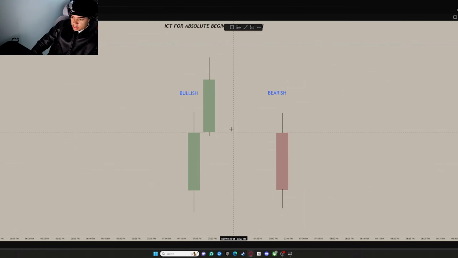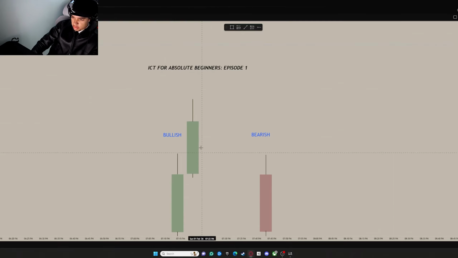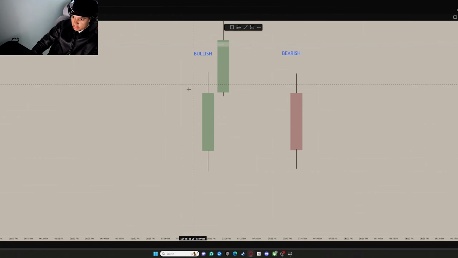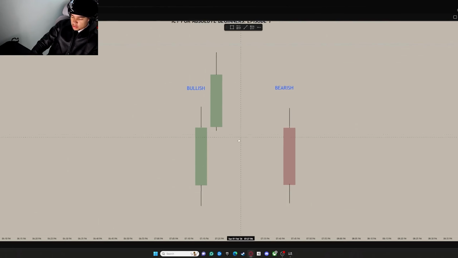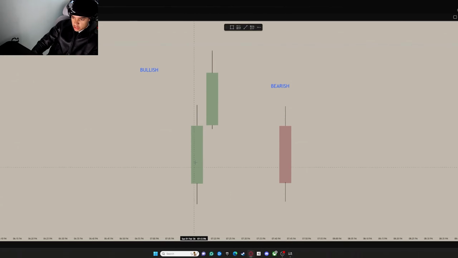So what this means is, if there's an uptrend, pretend this candle right next to it already closed, and we're in the uptrend with two bullish candles.